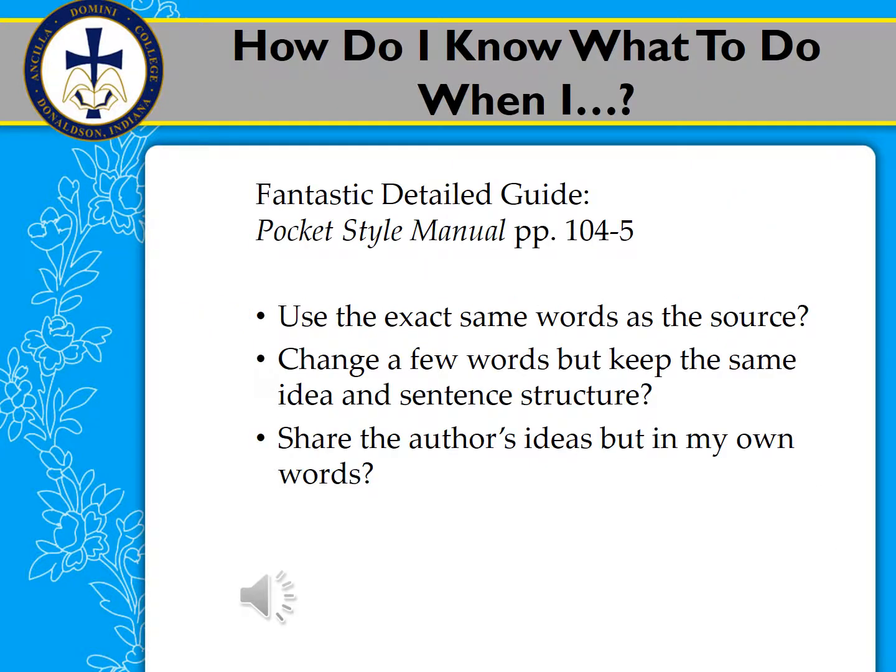I highly recommend that when you start making those decisions about summarizing, paraphrasing, and quoting, and what those are actually going to look like in your text and how you cite them and what exactly do I do for this situation, pages 104 and 105 in your pocket style manual have really good detailed explanations on the variety of situations that might occur, and I highly recommend you do that.